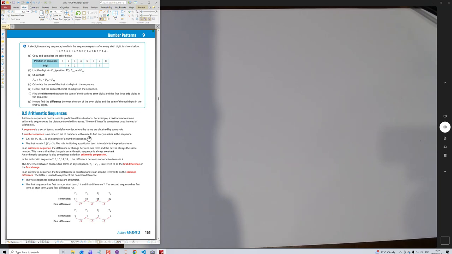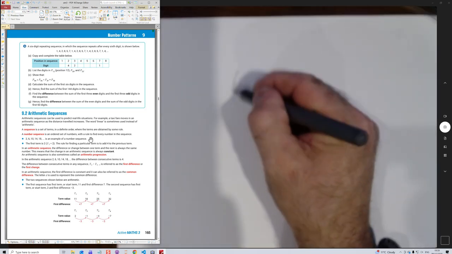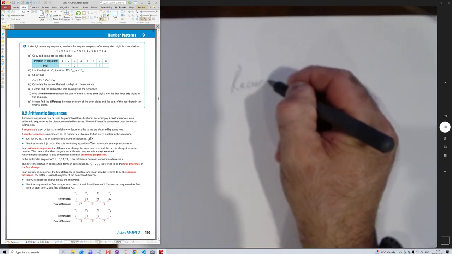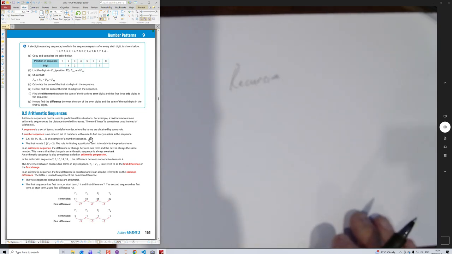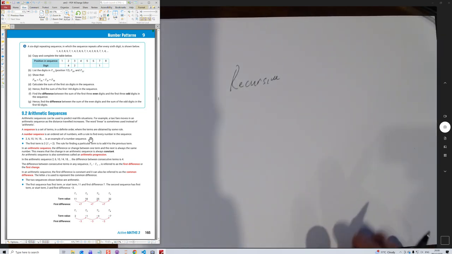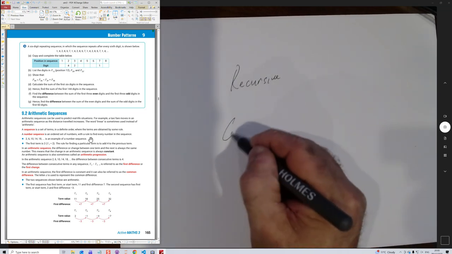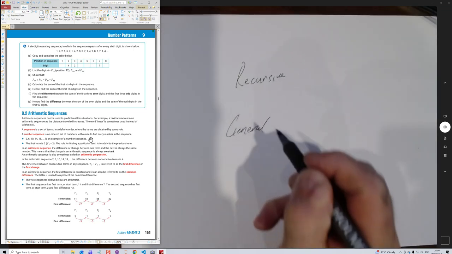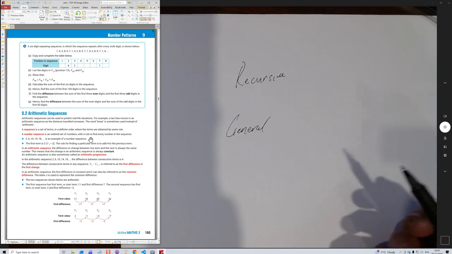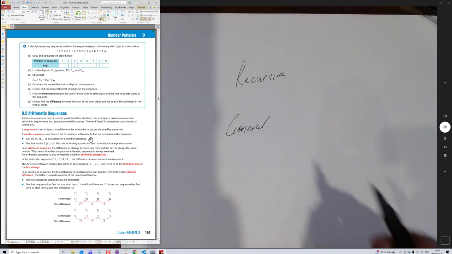Okay, so when we say there's a rule, there's two types of rule. There's the recursive rule, which can only tell you how to get the next term, and then there's the general rule. You can get the value for any one term without worrying about the values up to that.